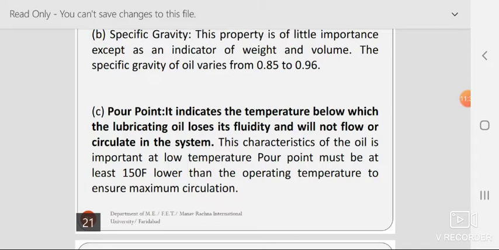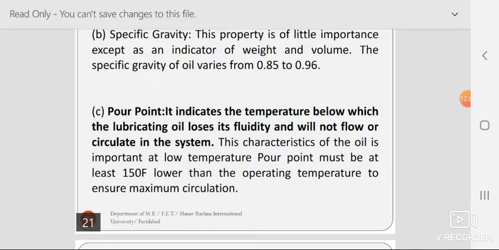That means the pour point plays a very important role in cold countries, like Canada and certain other parts of the world where the temperature is very low. There is already a high chance of the fluid trying to become more viscous or reach the pour point. So it is very important in countries with lower temperatures.